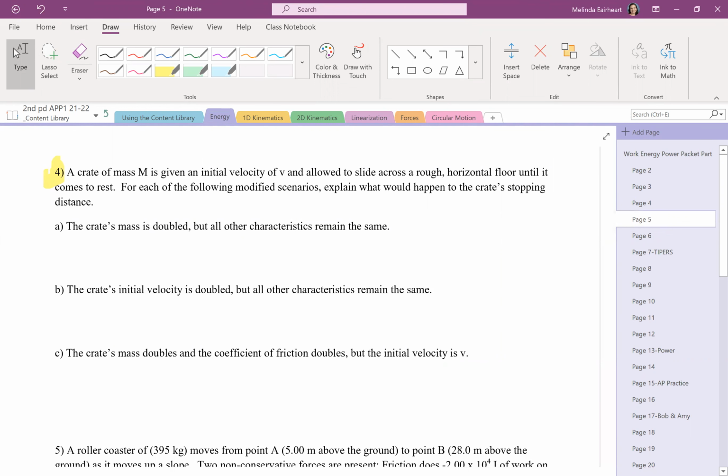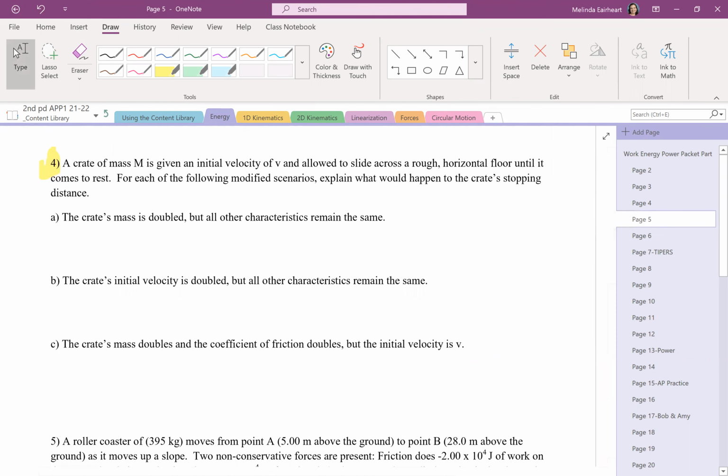So on page 5, number 4 in the middle, it says a crate of mass m is given an initial velocity of v. So I'm going to start highlighting my variables, m, v, and that's initial. It's allowed to slide across a rough, horizontal, yay, no ramps, floor until it comes to a rest, comes to a stop.